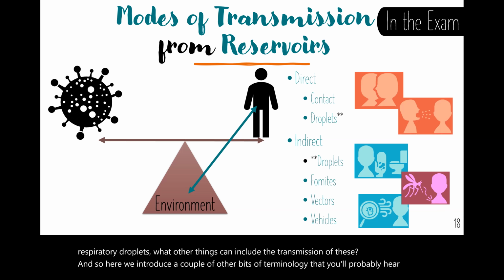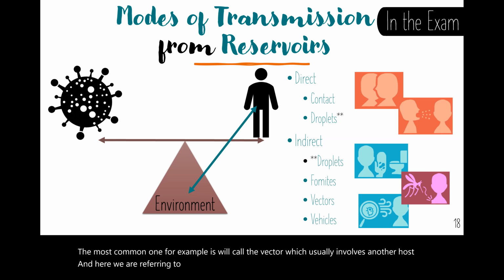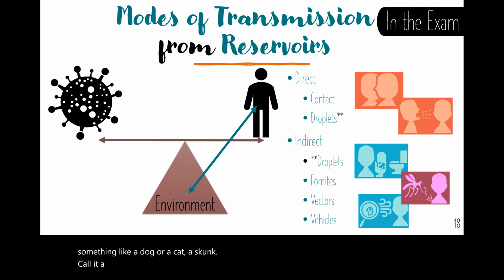The most common one, for example, is what we call a vector, which usually involves another host. And here, what we're referring to is a non-human host most of the time. And so this involves something like a dog or a cat, a skunk, a possum, raccoon, all these animals.